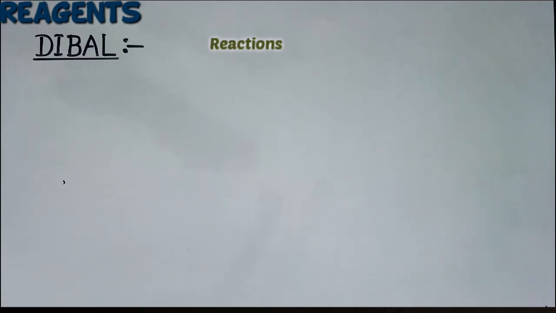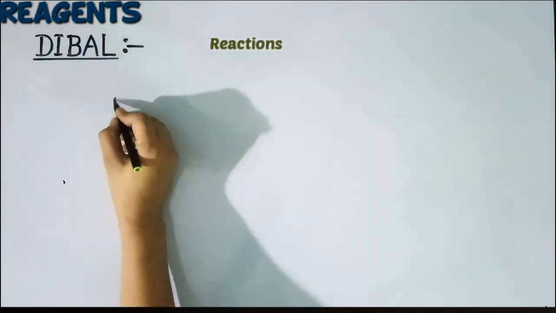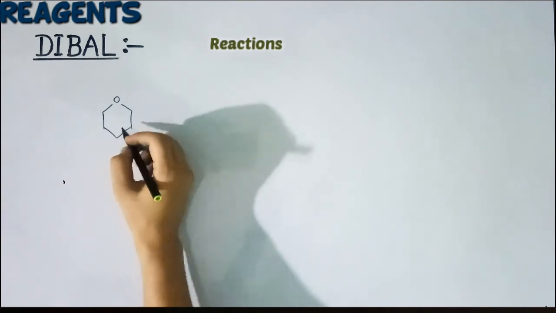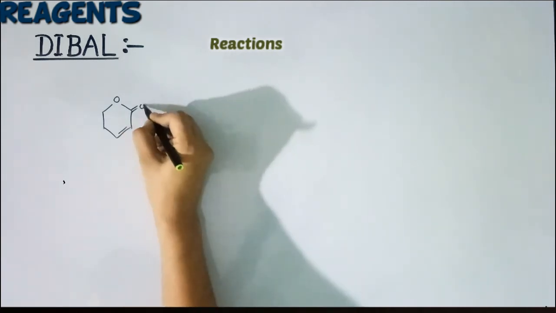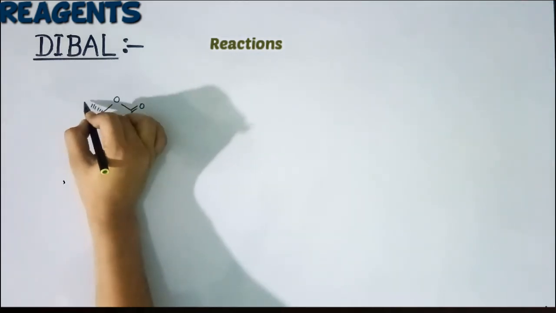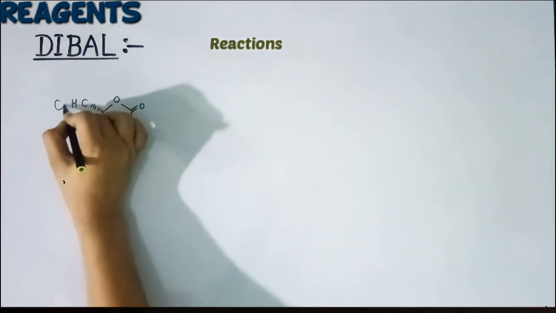Now the next reaction will tell you the stereoselectivity, or more specifically I should say the stereoselective nature of DIBAL. So let us see. This is the compound. Okay, this is taking time.